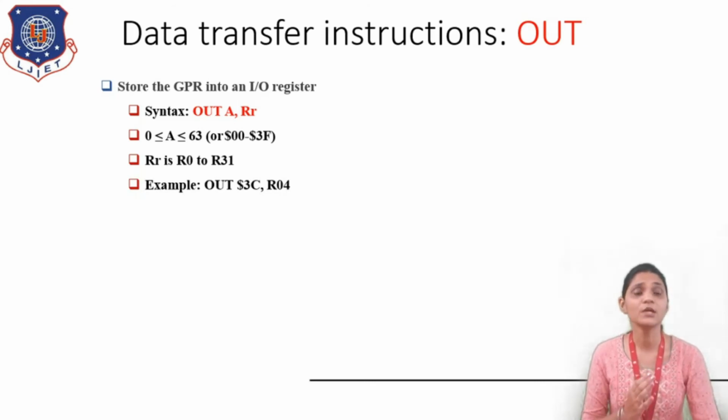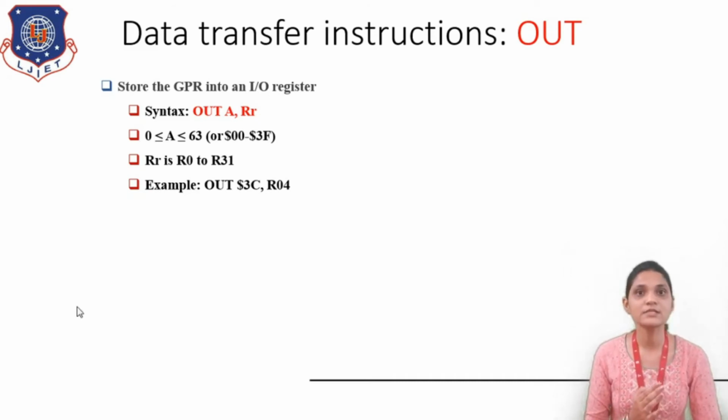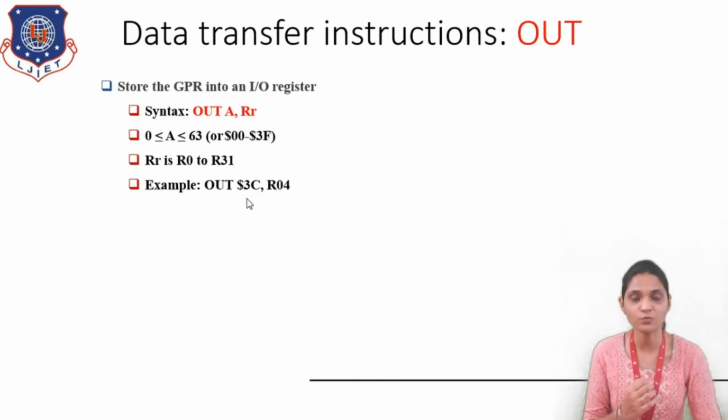For example, we can consider it like OUT $3C, R04. Here $3C is the port address that you are going to use for giving the data into the output, and the content of register R4 is going to be stored at that particular port.